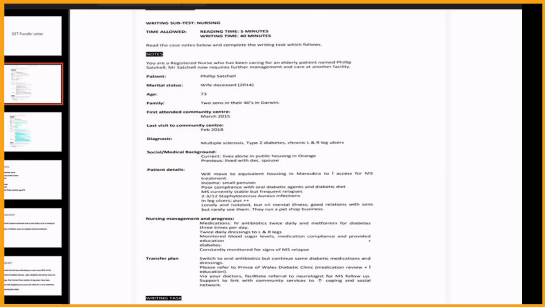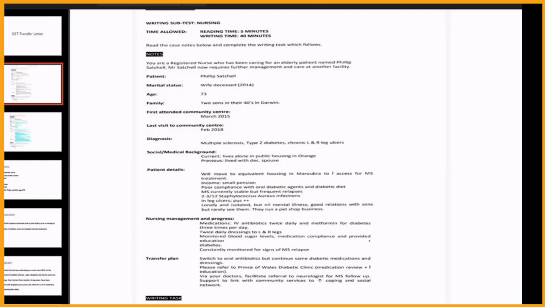Okay, then shall we write about the leg ulcers in particular, immediately after that? Let's look at the information. When you look at the patient's details and the nursing management, what are the case notes related to leg ulcers? Staphylococcus aureus infection, isn't it?